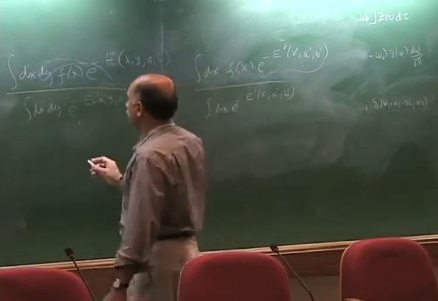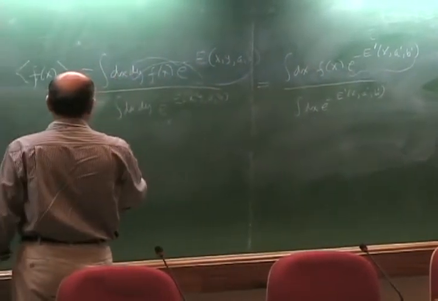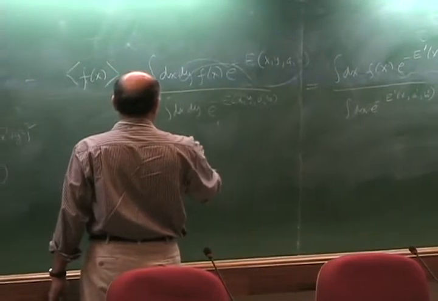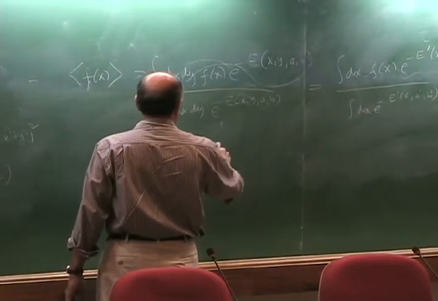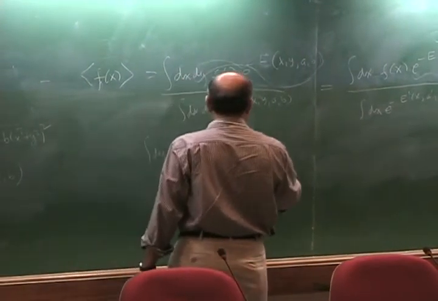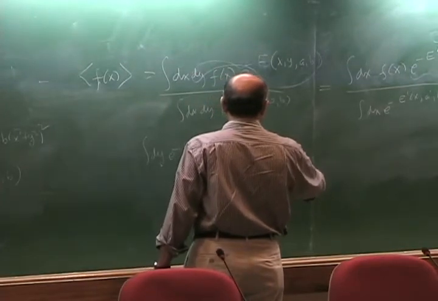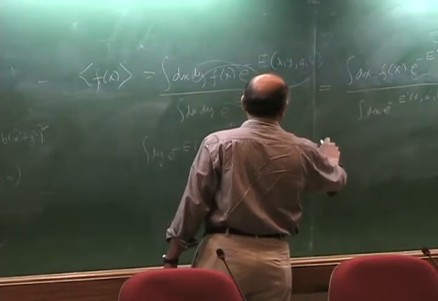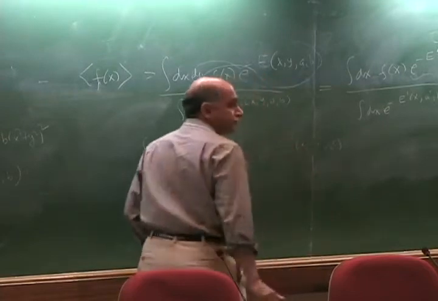In other words, if you do the integral dy e to the minus E of x and y and a and b, I'm going to call that e to the minus E prime of x, a prime and b prime.